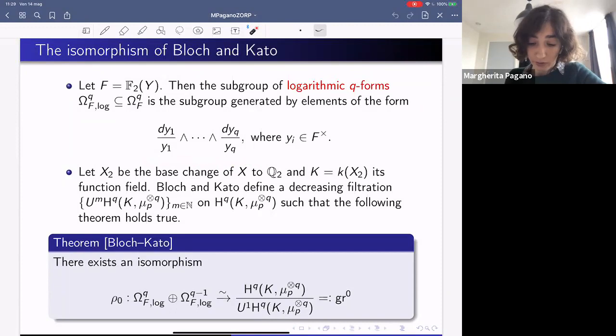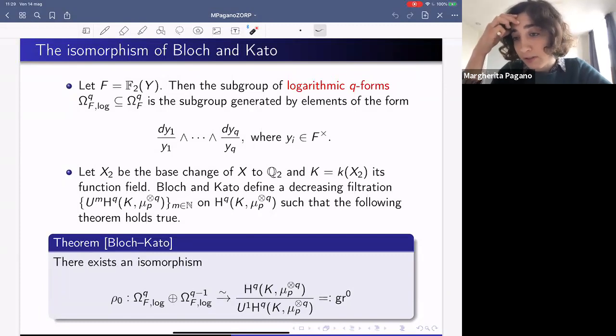Another thing I need to introduce is this field K, capital K. If we denote by X2 the base change of X to the 2-adic numbers, then this capital K is the function field of X2. So this is a field of characteristic 0 that contains the rational numbers.